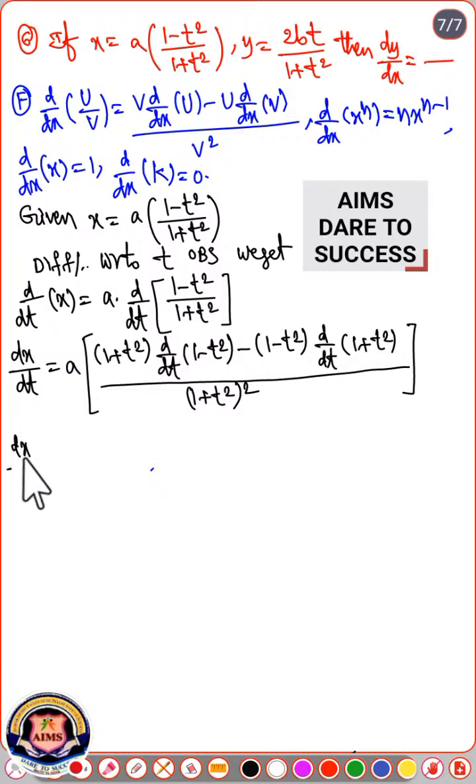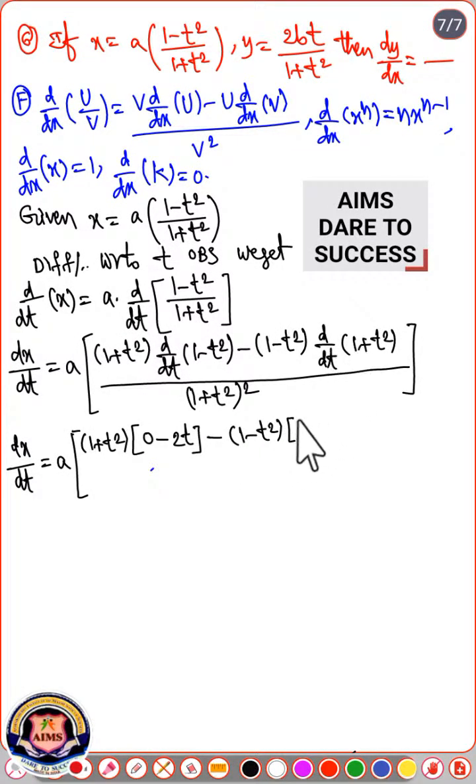Okay, so dx by dt is equal to a into this 1 plus t square is same into derivative of 1, constant derivative is 0, and the derivative of x power n is n into x power n minus 1, so writing 2 for n, 2 into t power 2 minus 1 is 1, so whether you write power 1 or not, it is the same, minus (1 minus t square) into derivative of 1, constant derivative is 0, plus derivative of t square, writing 2 for n, 2 into t power 2 minus 1 is 1, so whether you write power 1 or not, it is the same, so whole divided by (1 plus t square) whole square.